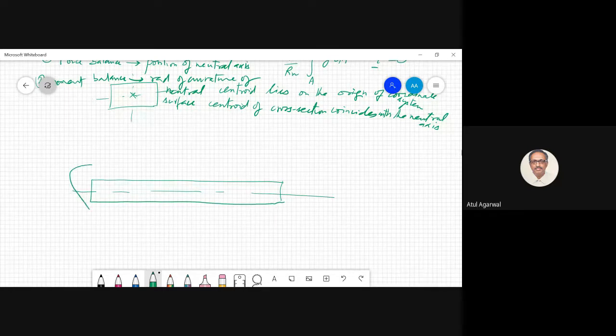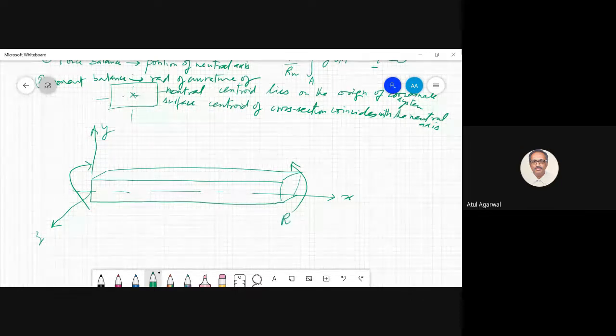We applied moments. We took a coordinate system. This is the way we can take a coordinate system. This is a beam. So this has a rectangular cross section.